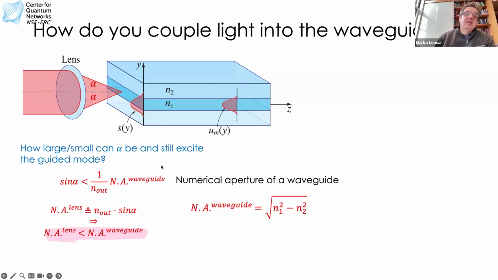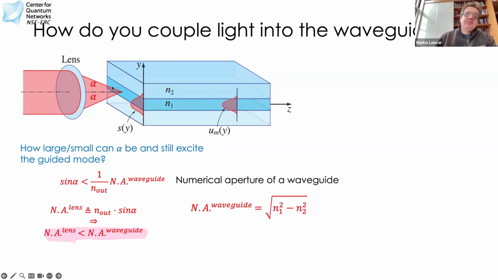If you're familiar, the numerical aperture of a lens is the important figure of merit that is basically proportional to the refractive index of the material where the lens sits. This is this N out, times sine of this angle, right? So if you have a very high numerical aperture lens, you'll be able to focus light very, very tightly, roughly lambda divided by NA on the order or thereabouts. So the spot can be very small.